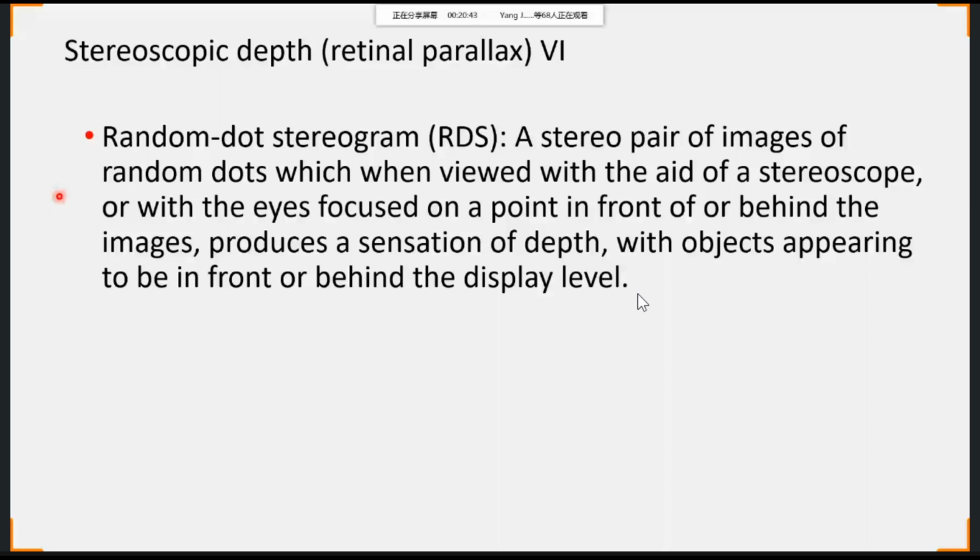And these random dot stereograms, RDS: a stereo pair of images of random dots, which when viewed with the aid of a stereoscope or with the eyes focused on a point in front of or behind the images, produces a sensation of depth, with objects appearing to be in front or behind the display level. I will show you an example.